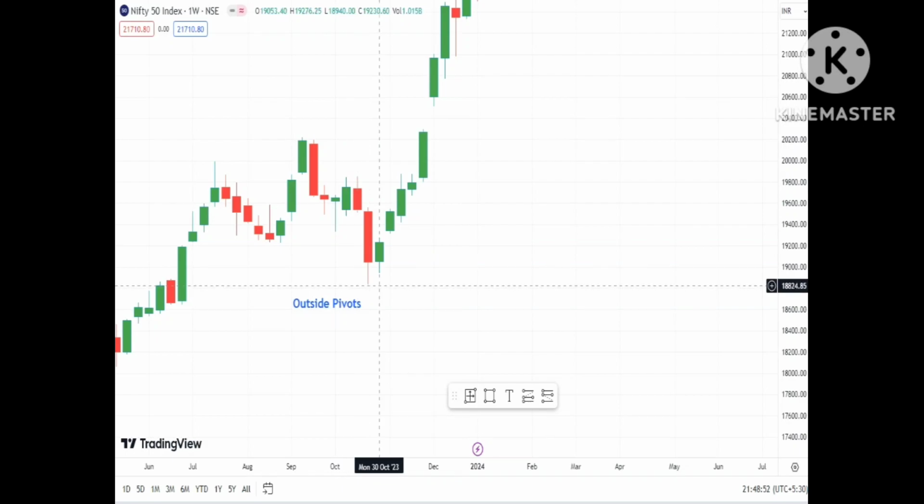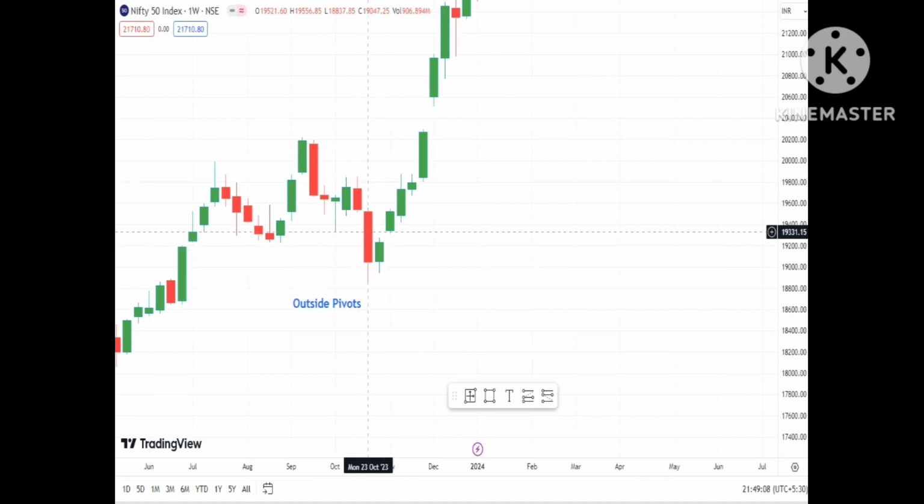This is an inside candle, and the outside pivot candle has totally engulfed this inner candle. So hence an outside pivot is formed here.